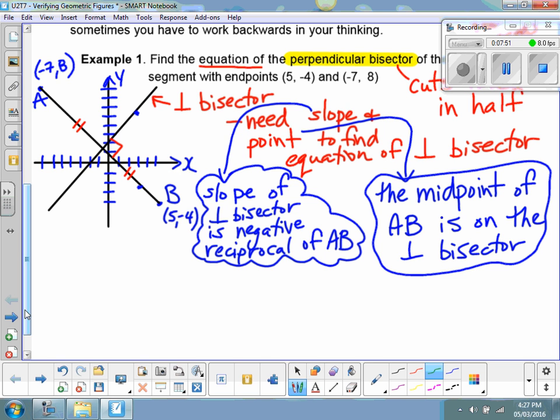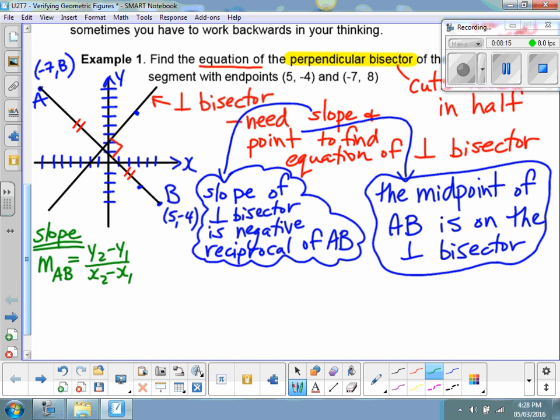So over here I'm working on finding the slope. The slope of AB I'm going to find first. Okay? Remember, to find the slope, I subtract the y's on the top and I subtract the x's on the bottom. That's our formula for slope.